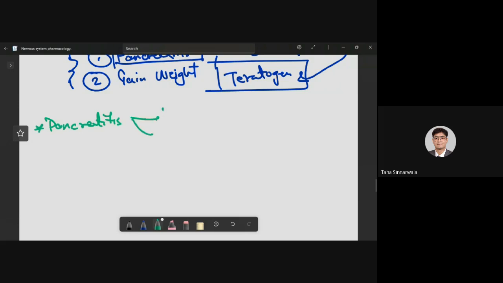The actual pancreas undergoes liquefactive necrosis, and the fat surrounding the pancreas undergoes fat necrosis. So two different types of necrosis can be present with pancreatitis or pancreatic necrosis.